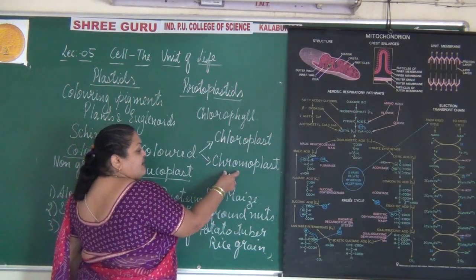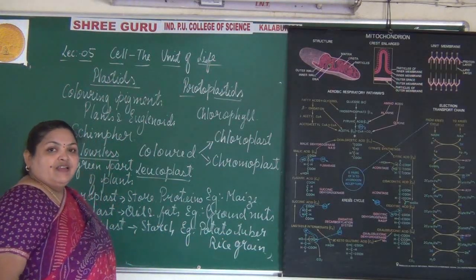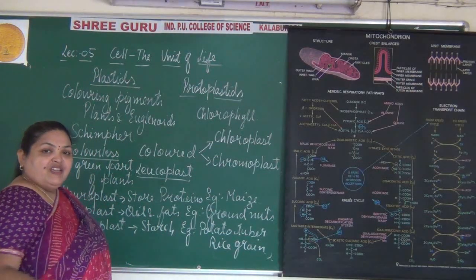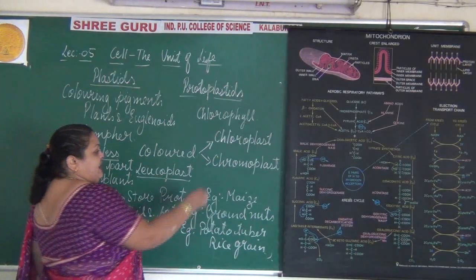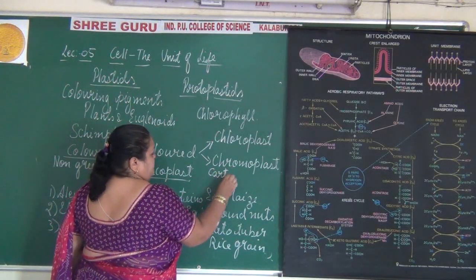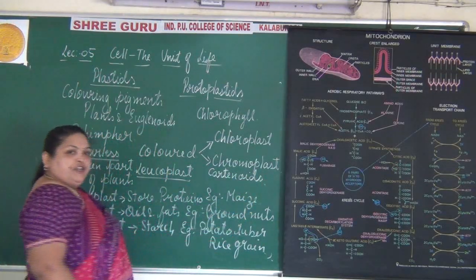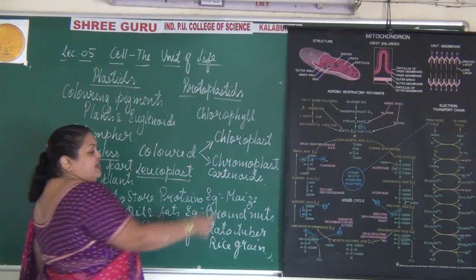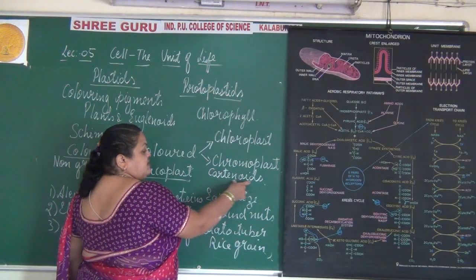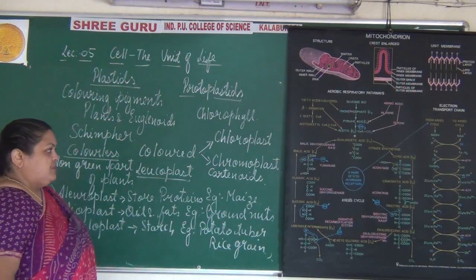While the characteristic color of the carrot is orange. They have the pigment called carotenoids, which provide a characteristic color to the fruits or the vegetables.